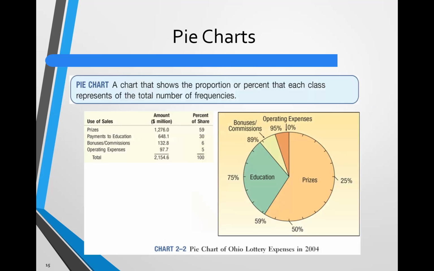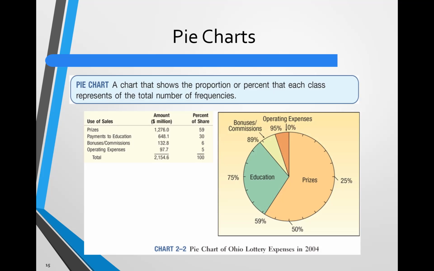Then pie chart. When you want to show the percentage or proportion of each class or group in your data, a pie chart is very useful. For example, here you can see there are 4 categories: prizes, payment to education, bonus commission and operation expenses.